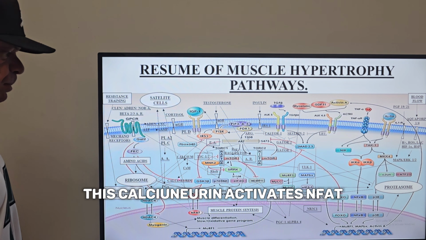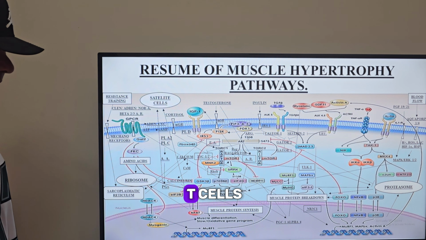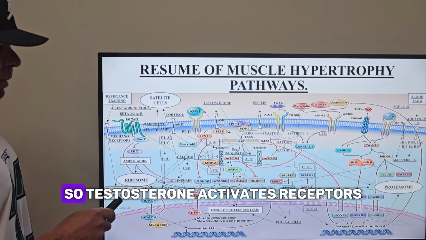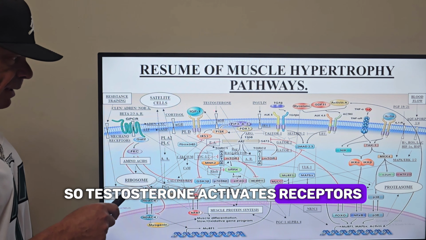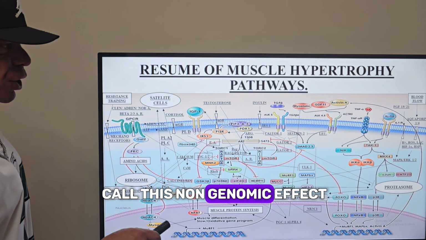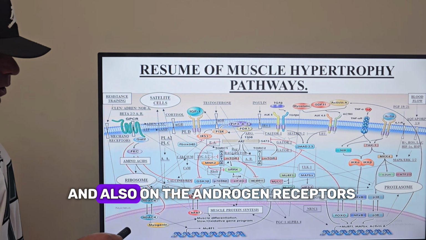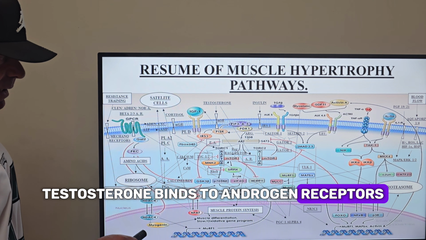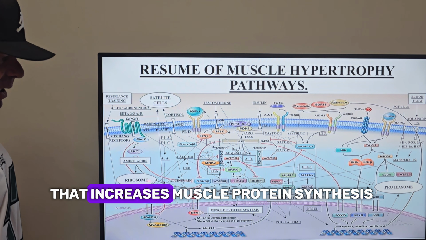This calcineurin activates NFAT, nuclear factor of activated T cells, which leads to muscle protein synthesis. So testosterone activates receptors on a membrane. We call this non-genomic effect, and also on an androgen receptor. So testosterone binds here to the androgen receptor, AR, that increases muscle protein synthesis.